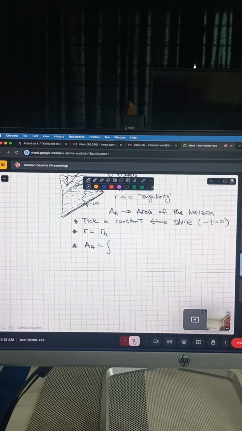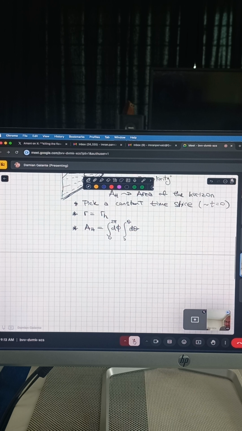That should be an integral over the angular variables, d theta d phi, of just RH squared sine theta, and that's it.